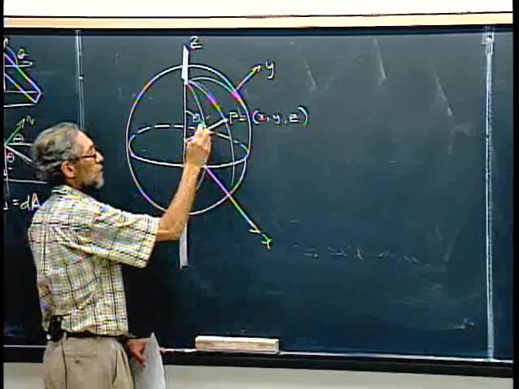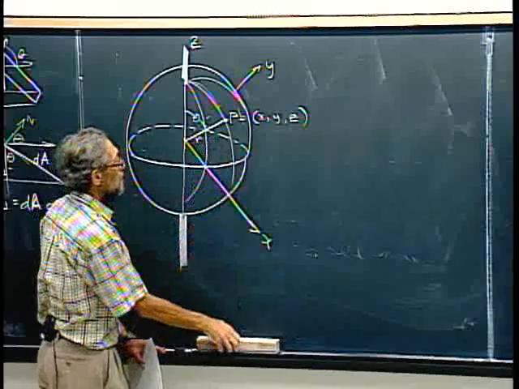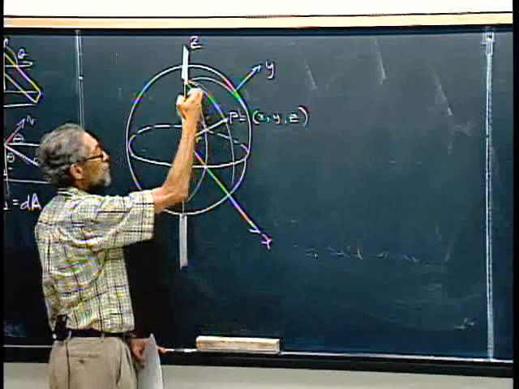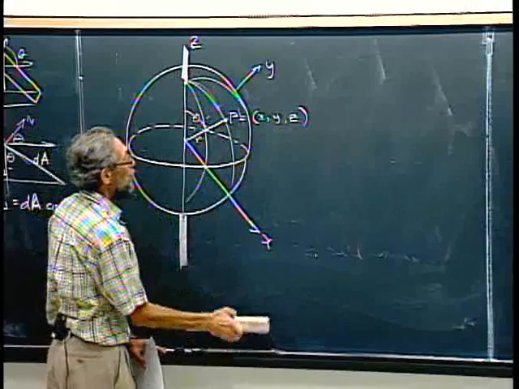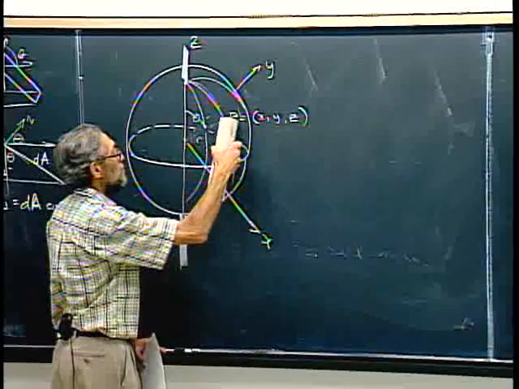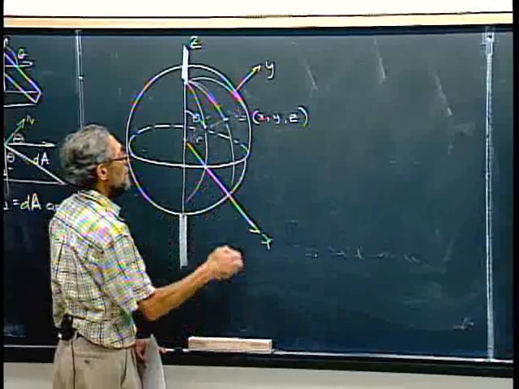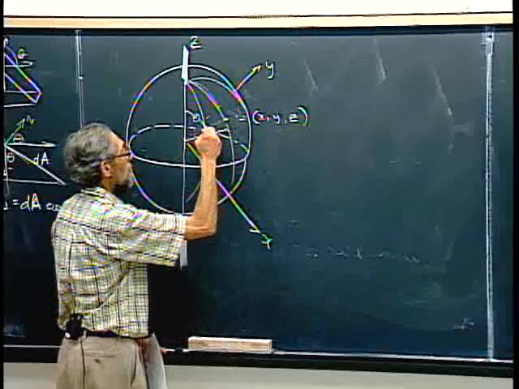The fact that this thing went through this x-axis plane is purely coincidental. Let me make it so it doesn't, because it's confusing if it does. Let's say here is the point here.